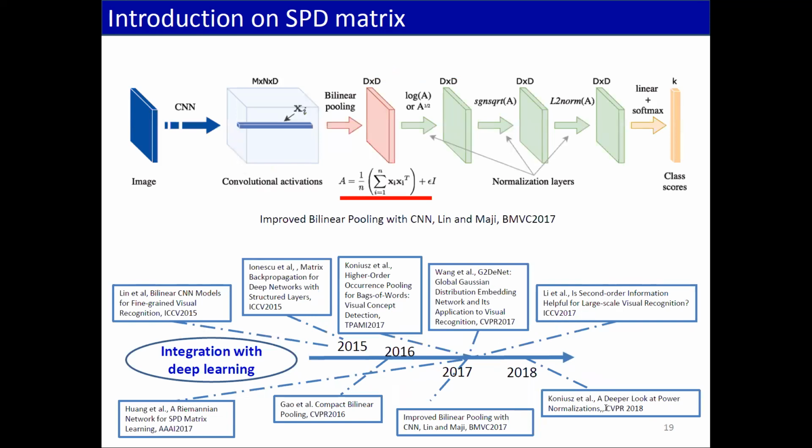Then from the year 2015, we see the integration between covariance matrix-based image representation and deep learning. Since then, this has been well studied. From the beginning, researchers focused on the structure of the deep neural networks to accommodate the covariance matrix, and also on how to do the matrix backpropagation to ensure end-to-end learning.